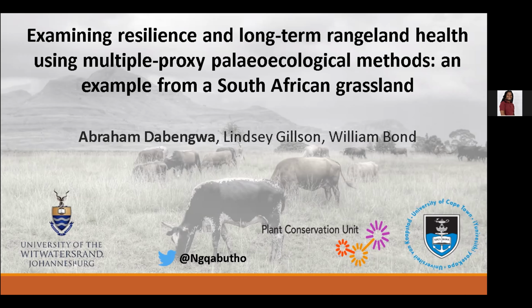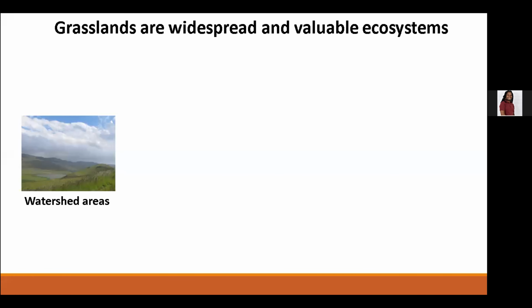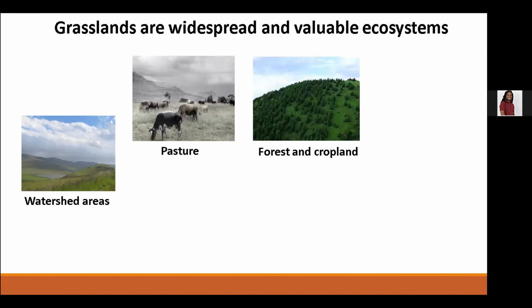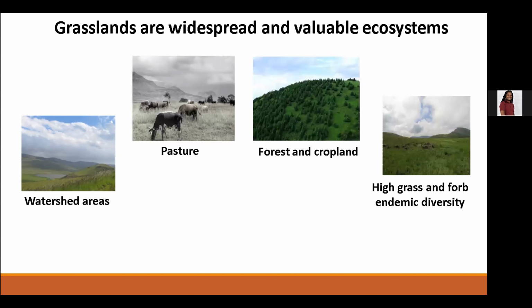So one of the things I like to talk about is grasslands. Grasslands are ecosystems that are widespread, and they're very valuable landscapes all over the earth. They cover a large part of the earth. That's where you find watershed areas. Many of them are used as pastures. Some of them have been converted to forest and cropland.